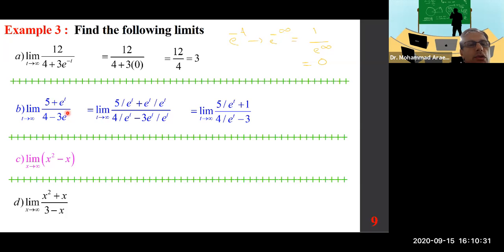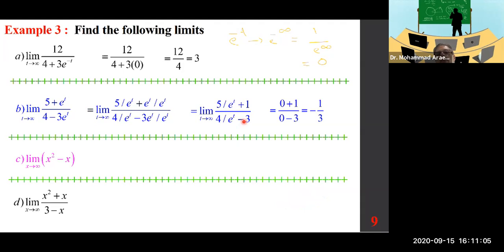And again, you divide by e to the power of t, and you can go straight from here to here. That's fine. You are dividing by highest degree term. In this case, it's not a highest degree term because it's not a rational, but by highest value term in the denominator. So t goes to infinity. I hope you see that this 5 over e to the power of infinity goes to 0, plus 1. 4 over e to the power of infinity goes to 0, and this is negative 3.